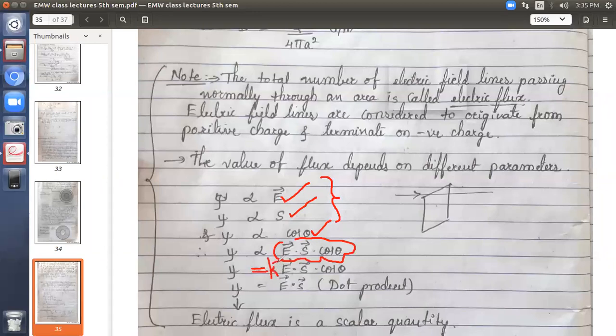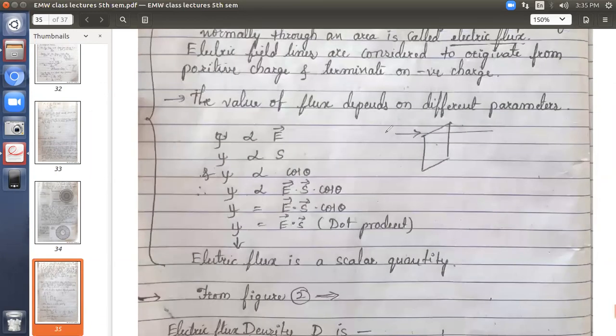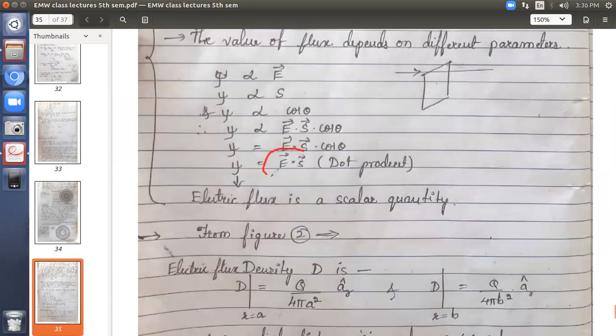In SI units, let us take it as 1, and psi is equal to E S cos theta. It is nothing but your dot product, E dot S. Dot product of any two vectors is a scalar quantity, because of which we conclude that the flux is a scalar quantity.